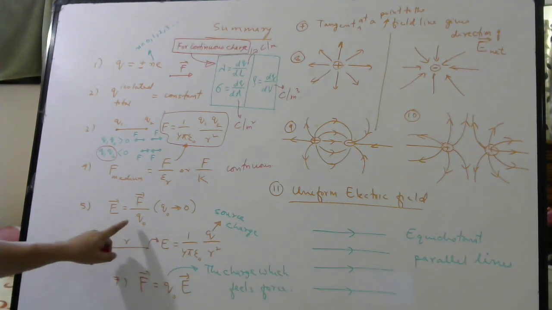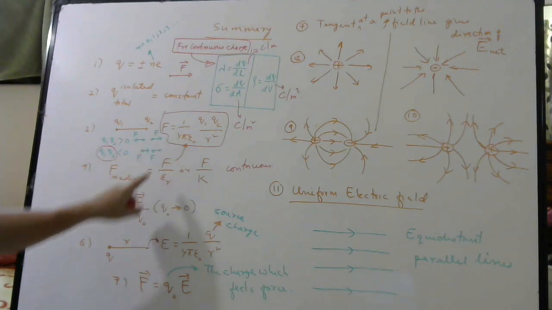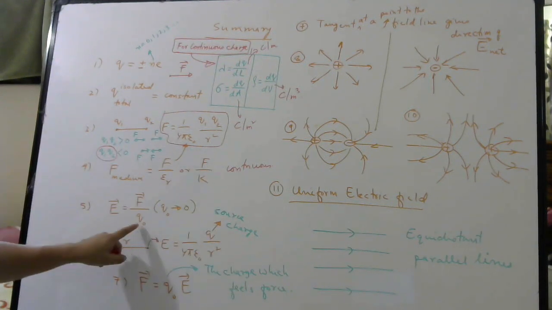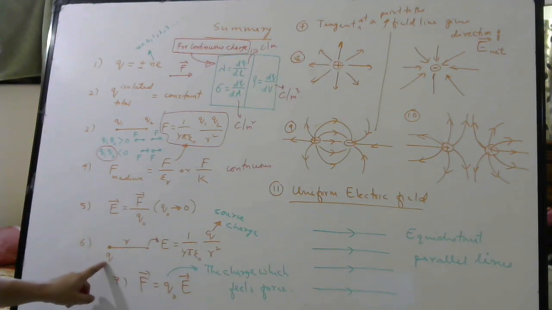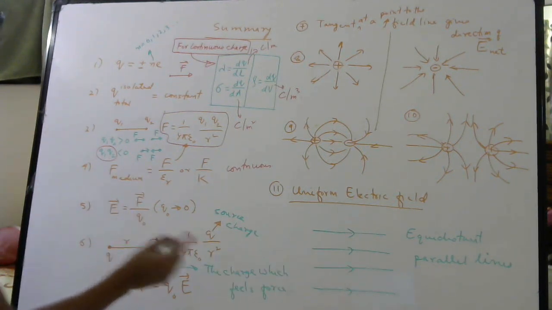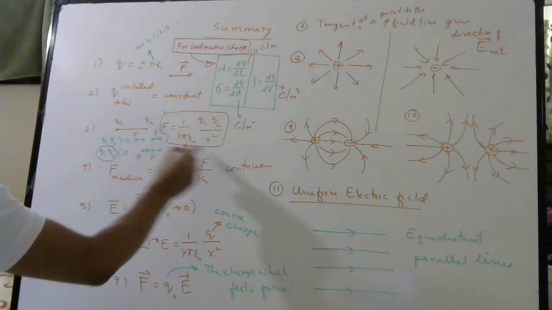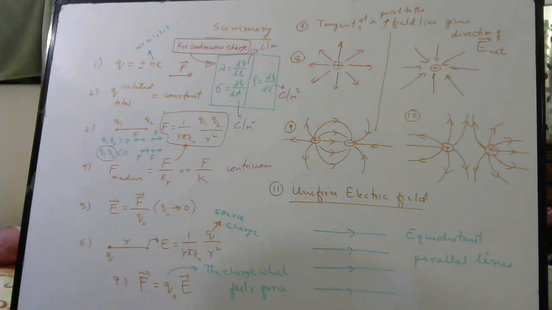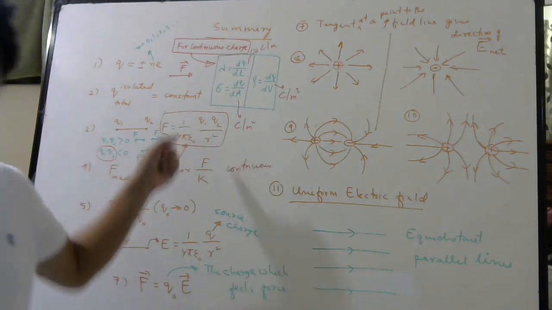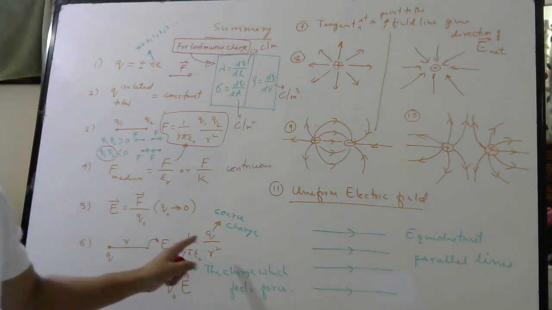So basically if you put this force in this formula, one of the charges, q naught, will cancel, so the source charge q will be present. So try not to get confused between the force formula and the electric field formula. The force formula will have two charges, and the electric field will have only the source charge.